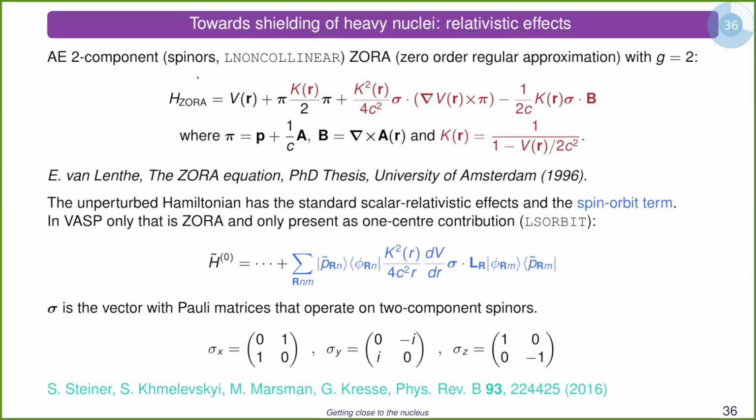So what you have to do then, first of all, you have to choose some approximated theory for your relativistic effects. And then your Hamiltonian is going to change a little bit. And the red part over here is what is going to change. There is a K factor here in the kinetic energy. You see this is just what we had previously, P plus A over C, squared and divided by 2. This factor comes in.